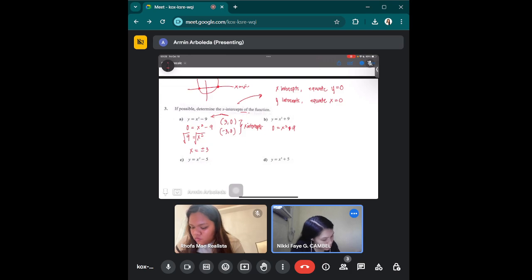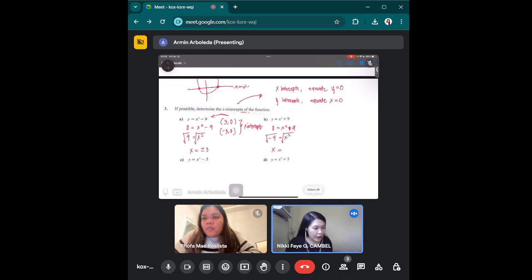And transpose it, it's gonna be -9 on the other side. So, you have to take the square root of each side. If you're getting the square root of a negative number, it's gonna give you an imaginary number. Okay? So, it's telling us that this function does not have an x-intercept.